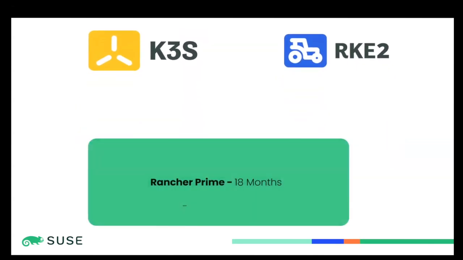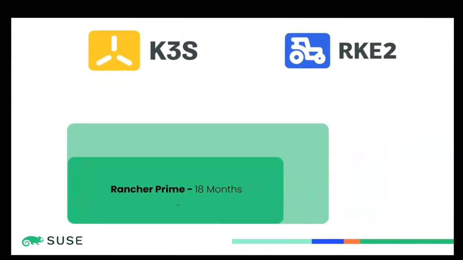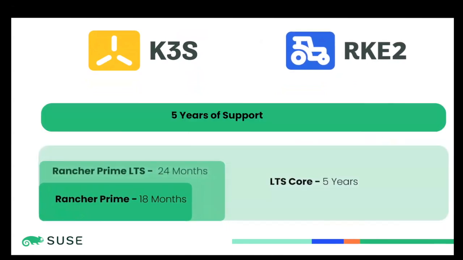So what's the problem? We are now providing up to 5 years of support for Kubernetes. Of course, it's an additional service, but essentially, you can be using an older version of Kubernetes for a long period of time, up to 5 years, which is painfully long for us.